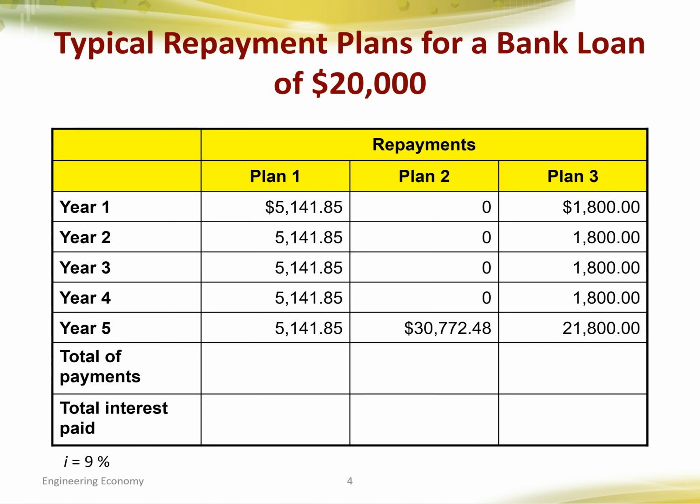Again, if we use an interest rate of 9% to consider the worth of each individual cash flow, because they occur at different times, their worth will be different.